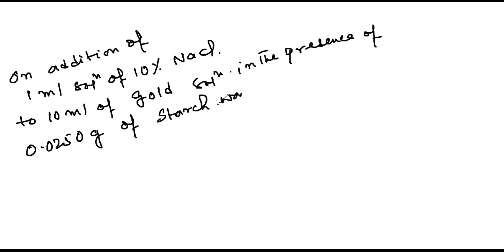Starch was added to prevent the coagulation, to prevent the precipitation. What is the gold number of starch?